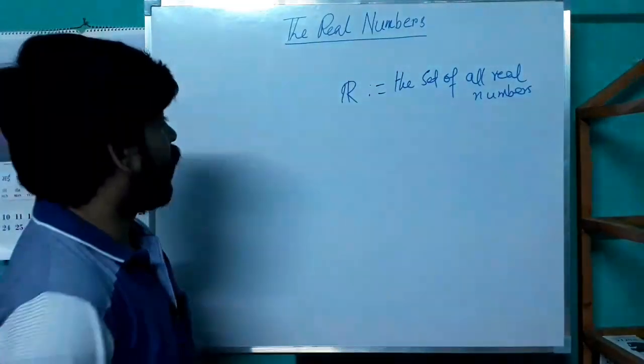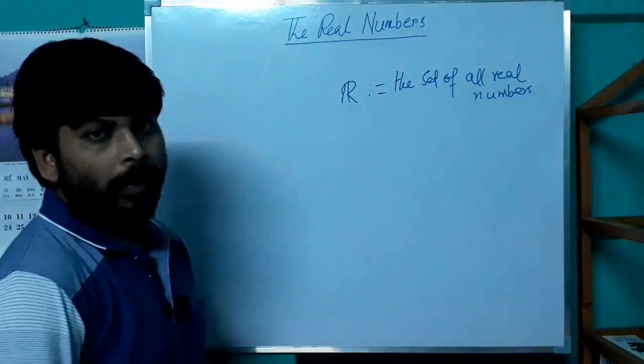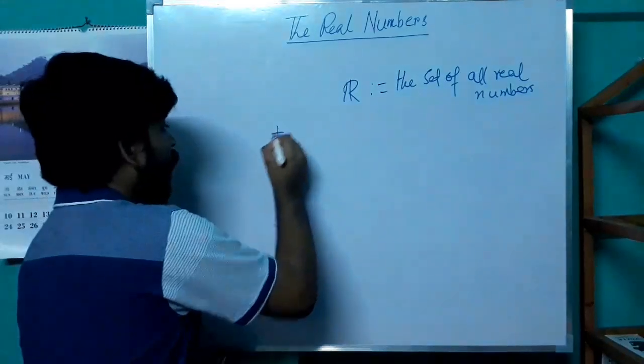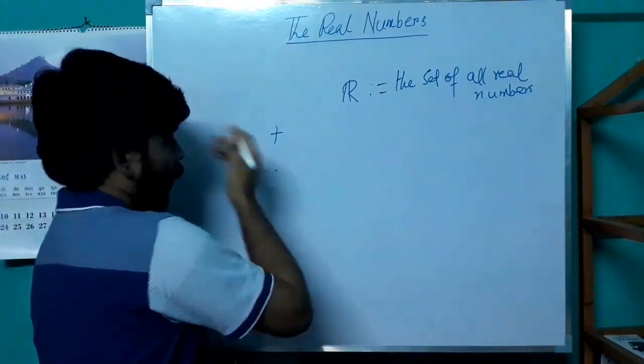On R we define two binary operations: one is addition and another one is multiplication.